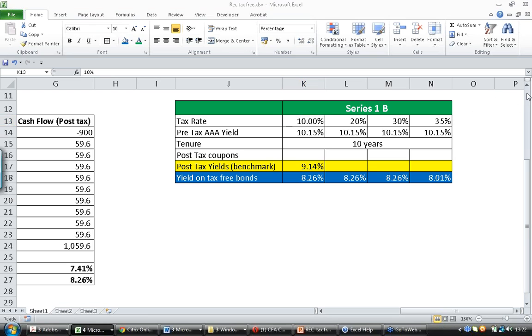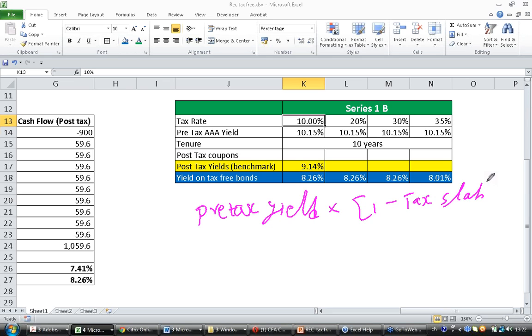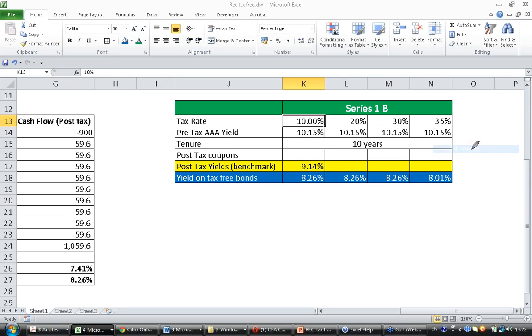What I did is pre-tax yield into 1 minus tax slab. So I did 10.15%, which is the pre-tax yield, into 1 minus tax slab. That is 10.15% into 90%. So now similarly I can do it for other tax slabs.